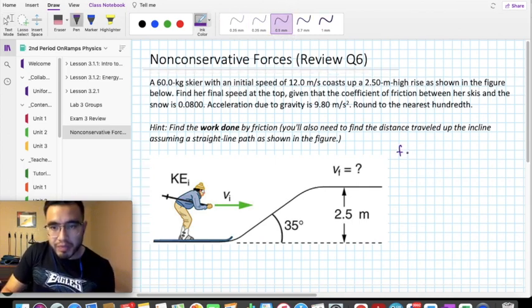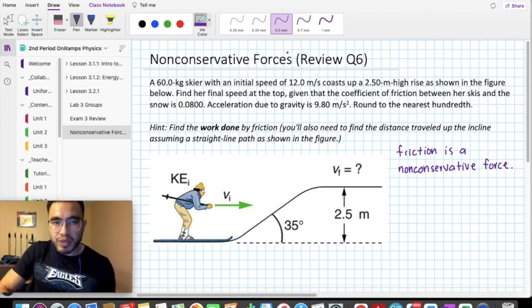Friction is a non-conservative force. And what these forces do is, so let's change color.